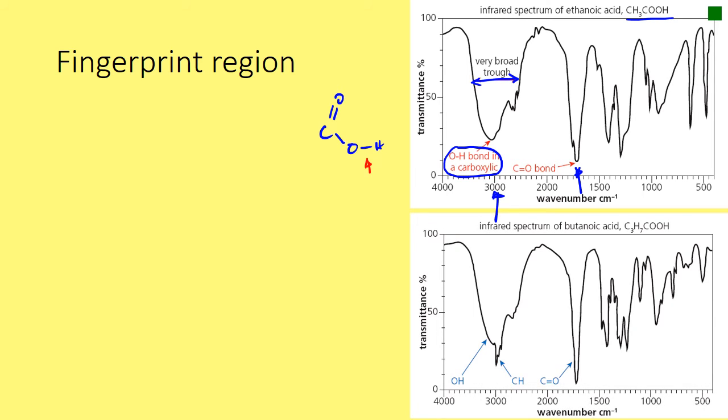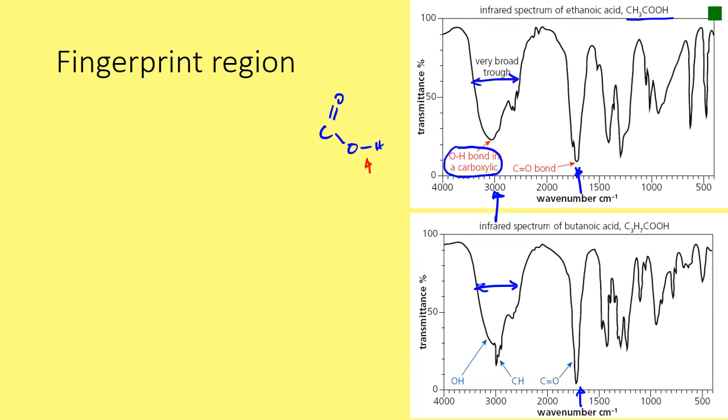Here we've got butanoic acid, and you can see this broad pattern is quite similar to the one above, and also we've got a peak at about 1700 or 1800 there for the carbonyl group of the acid. So this part of the spectrum for butanoic acid is very similar to the left-hand side of the spectrum for ethanoic acid.